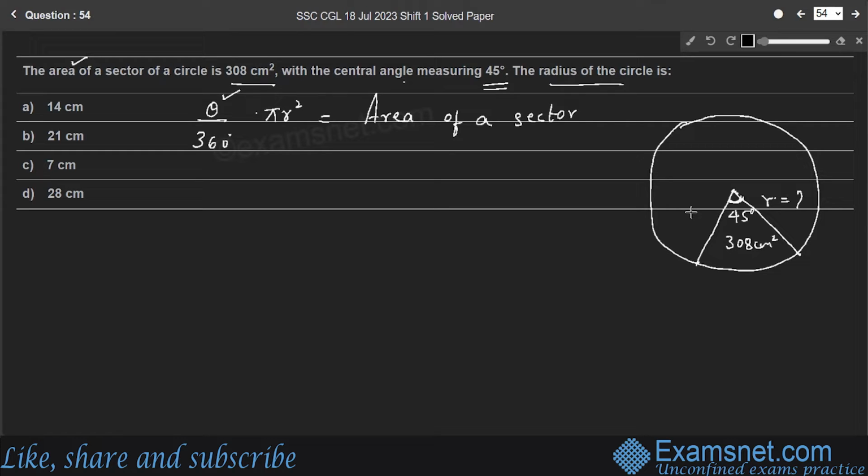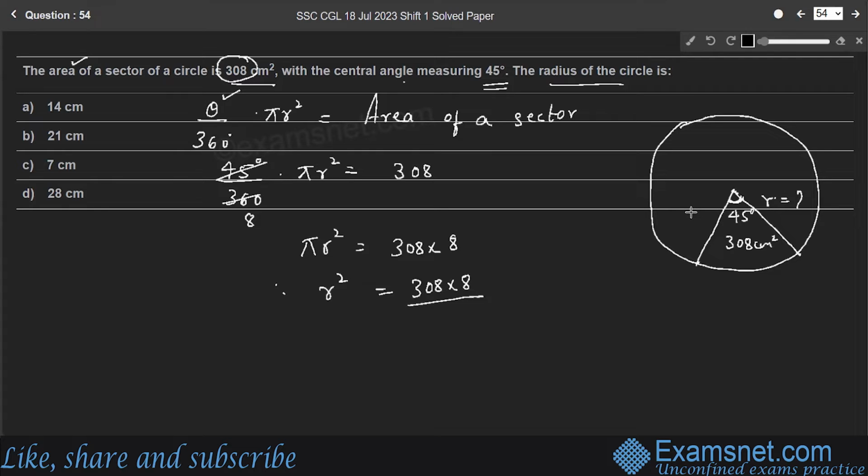So which is 45 degree, which is already given. 45 degree by 360 into pi R square is the area of the sector, which is already given 308 centimeters square. So here 45 into 8 is 360, right? So therefore pi R square is equal to 308 into 8, right? So therefore R square is 308 into 8 divided by pi.